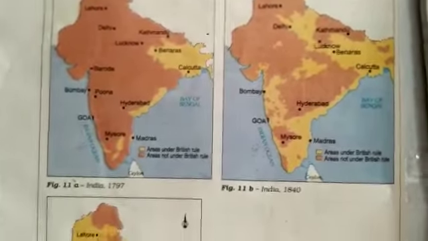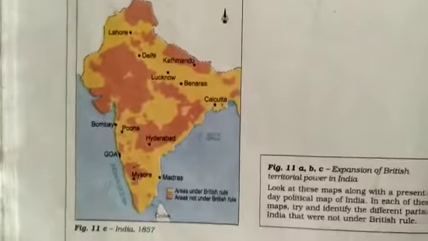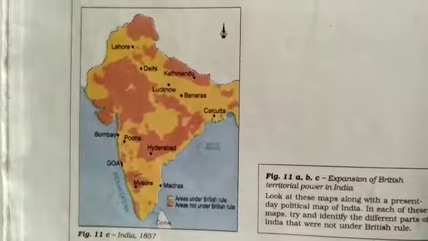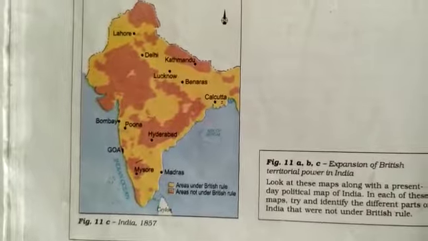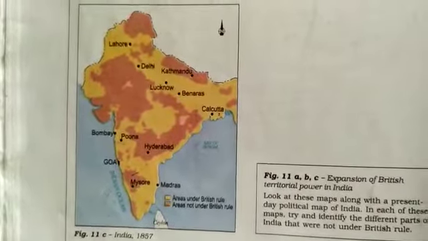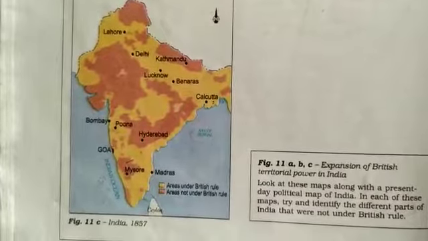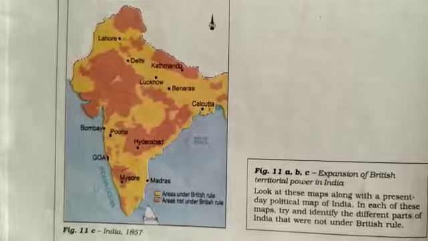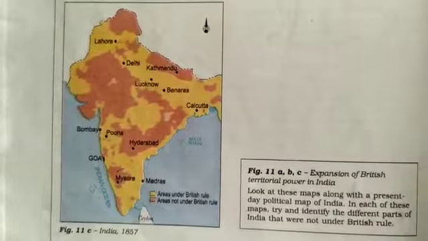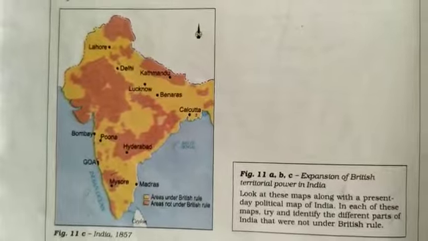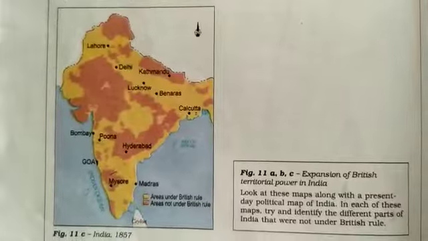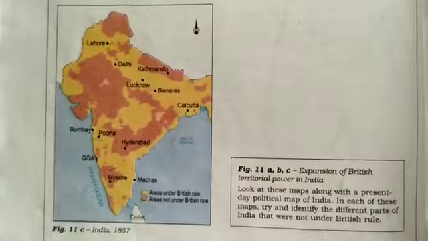And now we will focus on the third map given in your book, and this is a map of 1857. You know why we have taken the map of 1857? Because of the Great Revolt held in 1857, which we also call the First War of Independence, and which ended the control of the East India Company in India, and Indian territories passed into the hands of the British Crown directly after this.